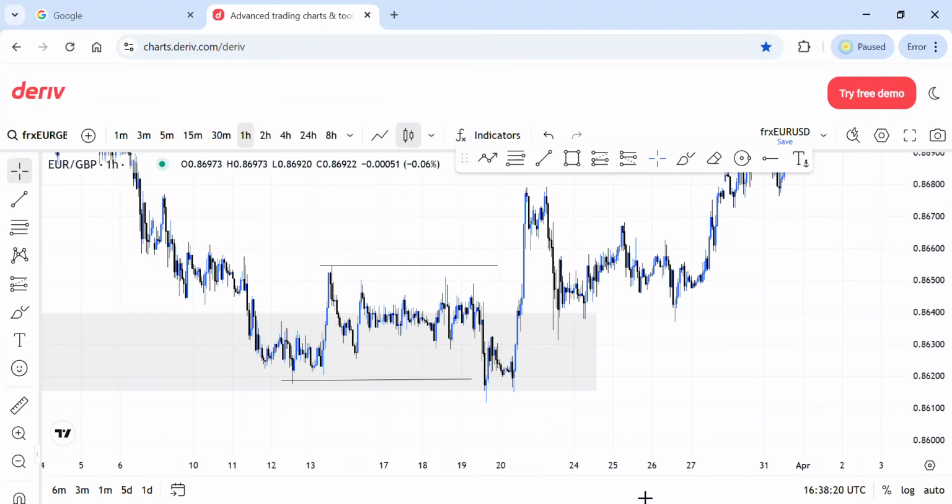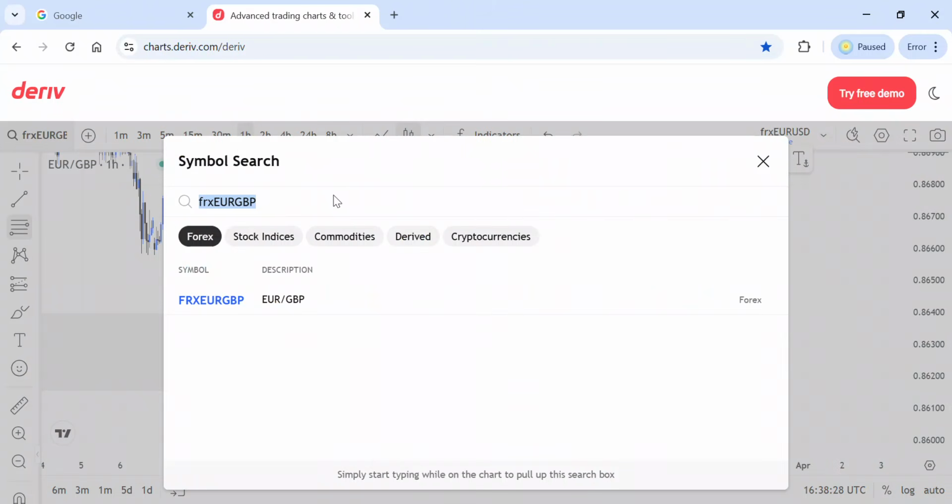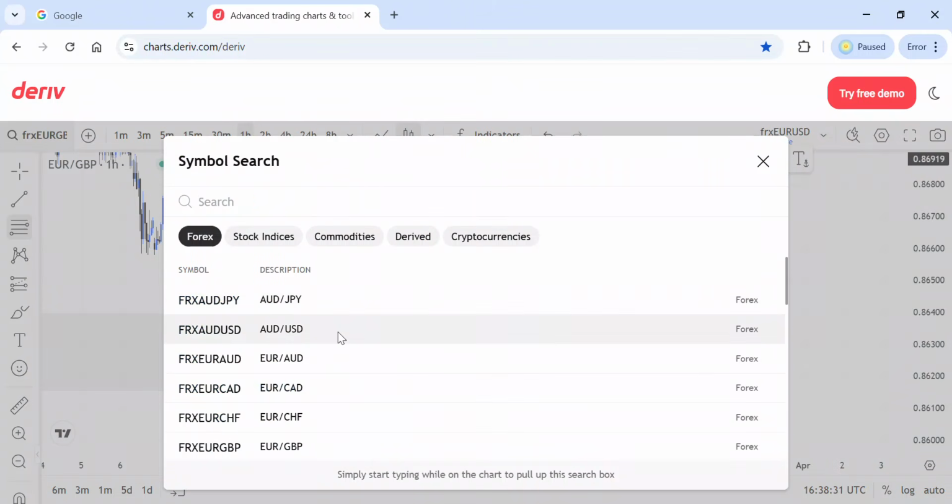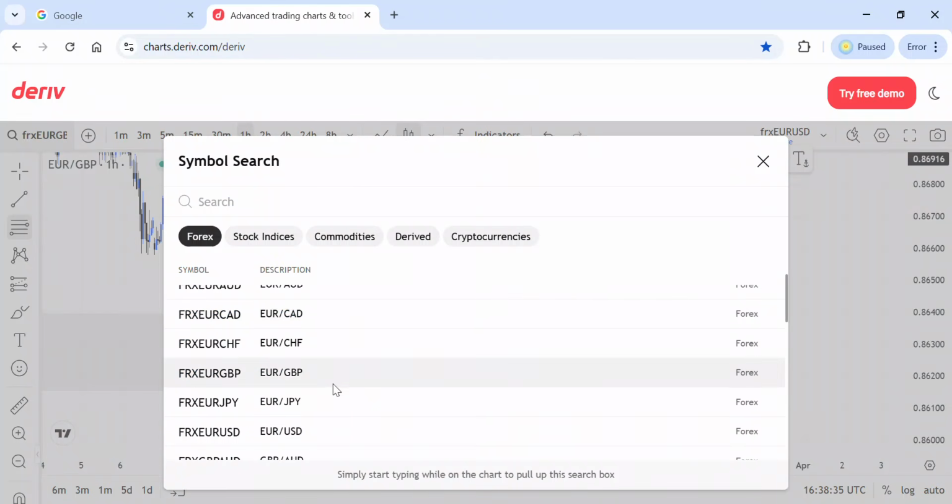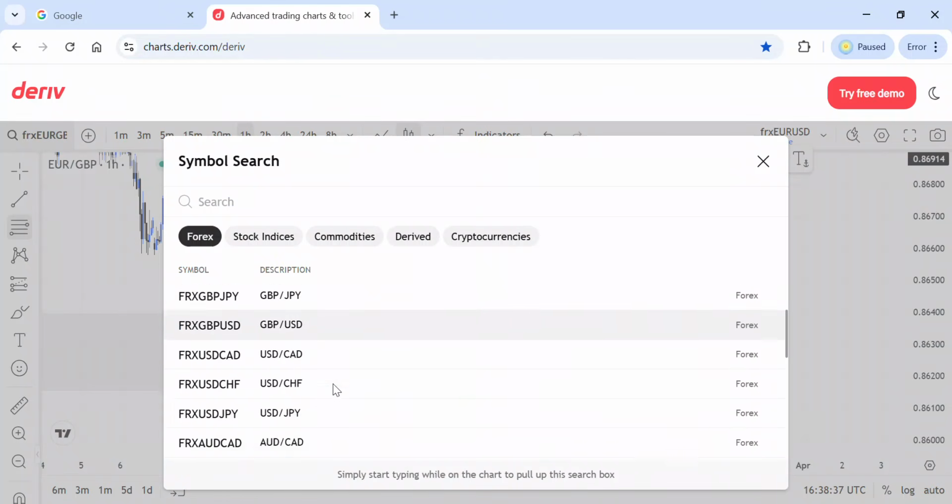I don't know. This is 20 minutes already. Maybe I should just check one pair. I've made an example on both supply and demand zones now. Okay, what pair should we check?